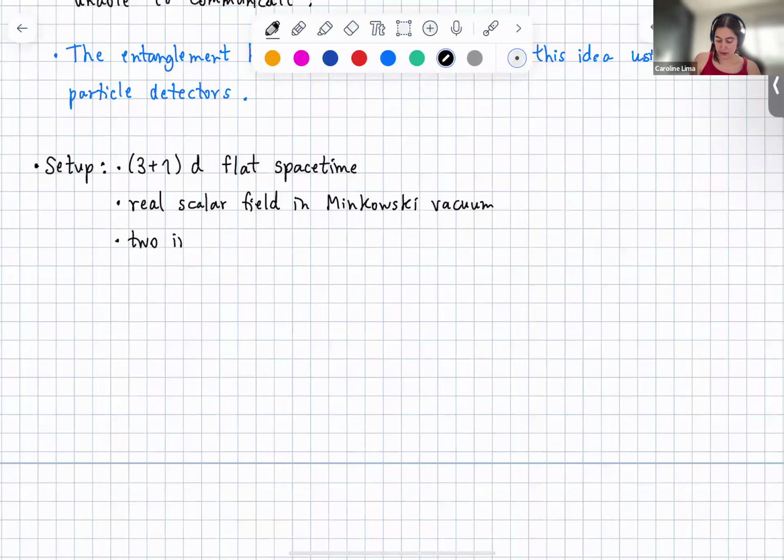So two initially uncorrelated particle detectors.